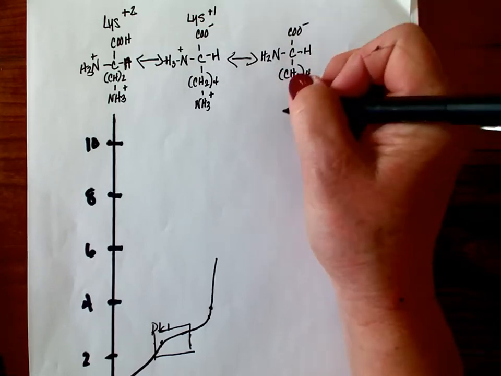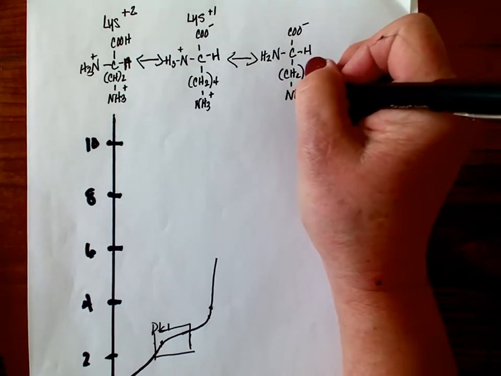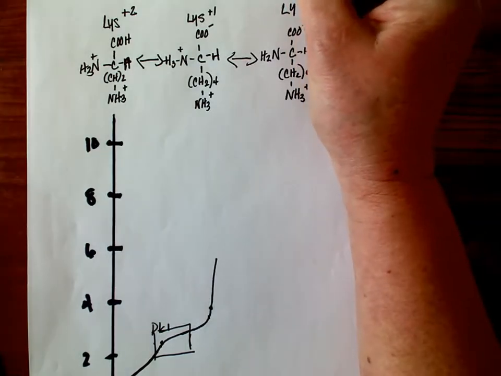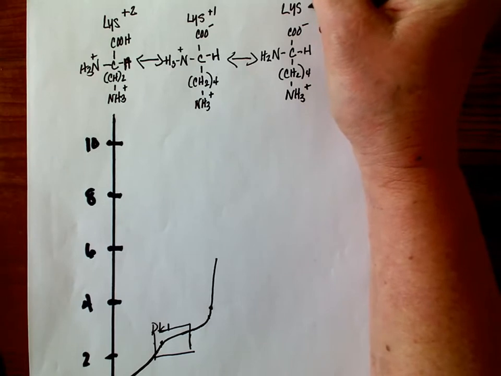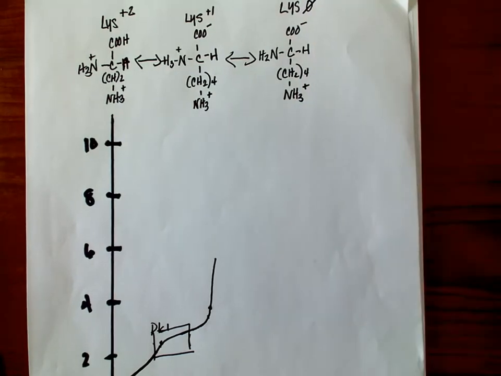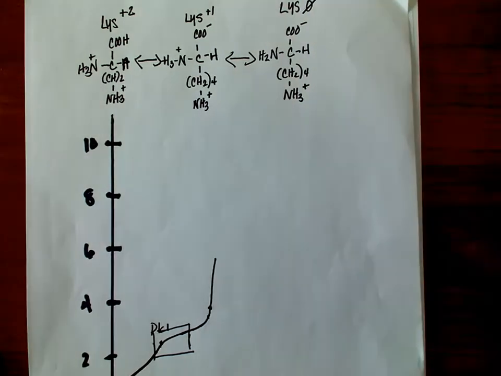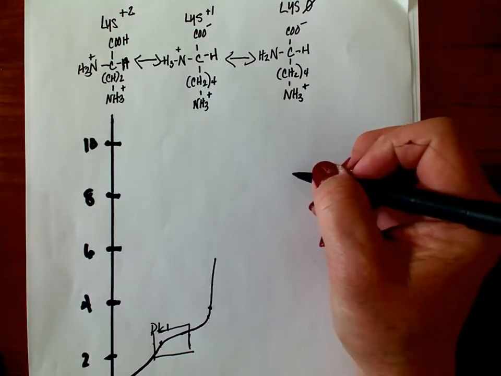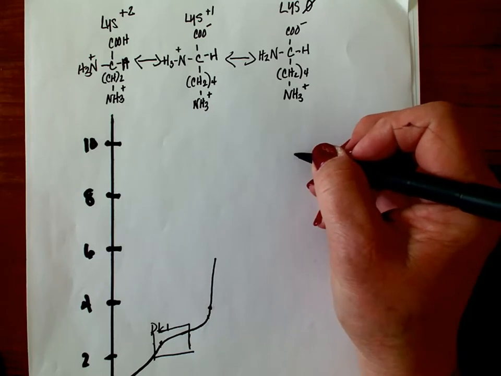But our side chain amino group still carries a charge. So now lysine is at its isoelectric point with an overall charge state of 0.